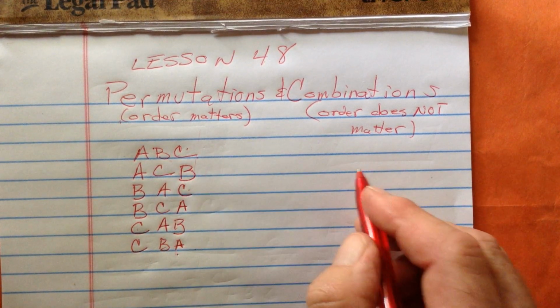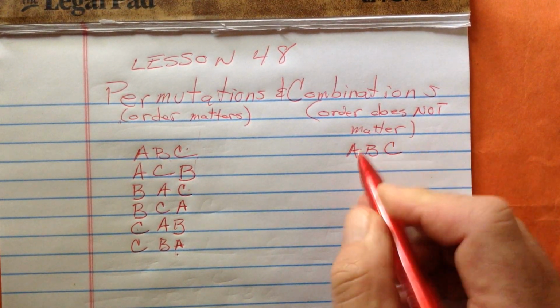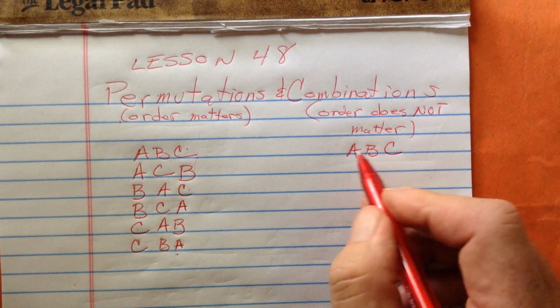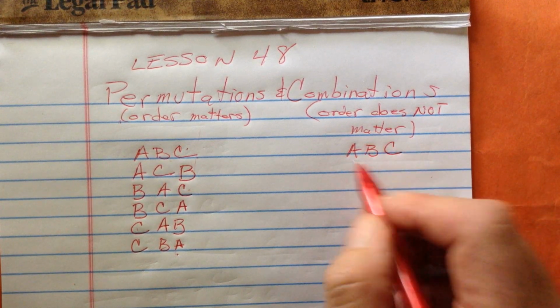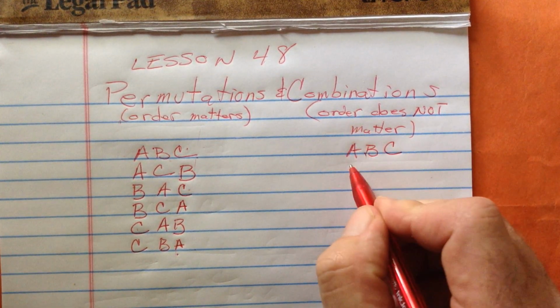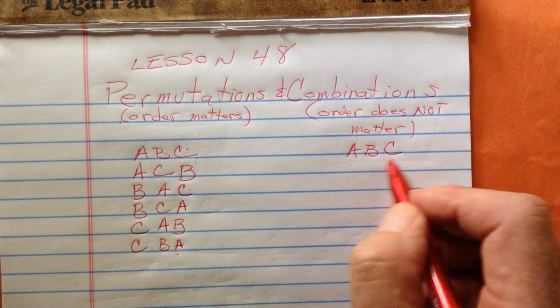Now on the other hand, for combinations, if I have A, B, C, and the order doesn't matter, I could have it as B, A, C, or C, B, A, it really doesn't matter. Then there's only one combination because the order does not matter.